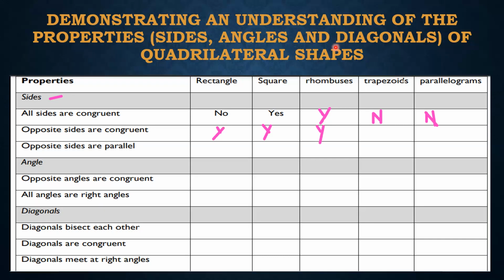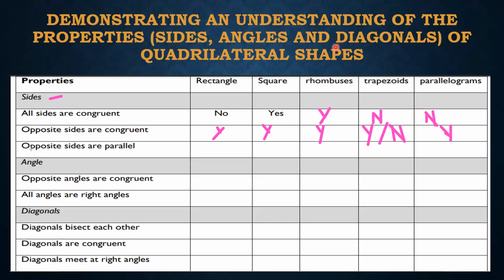So not all the opposite sides are the same, but once they have the other pair equal, then you can say yes and no, because the other pair of opposite sides are not equal, okay? The parallelogram, the opposite sides are the same. Yes, okay, good.